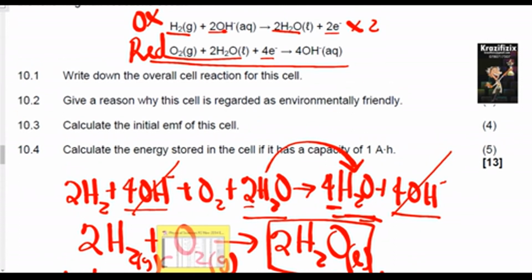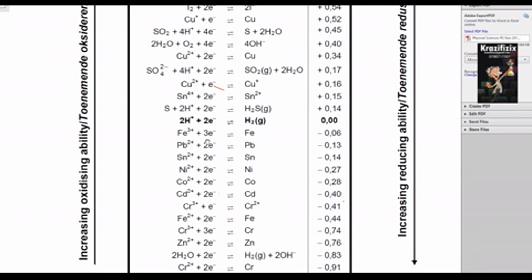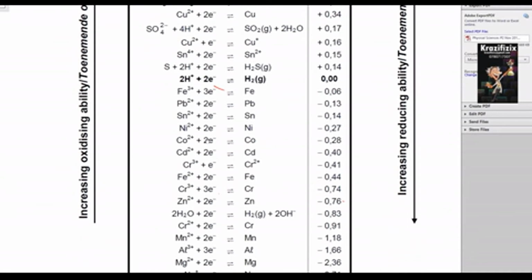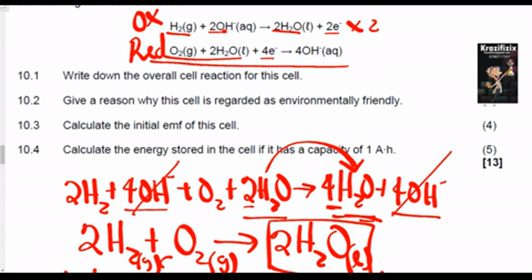Let's go to our table. We need water. Oh, here it is. We have water here, we have hydrogen and that is negative 0.83.